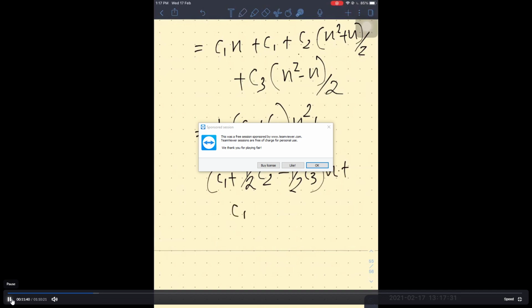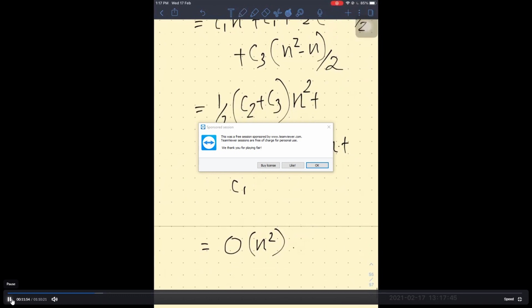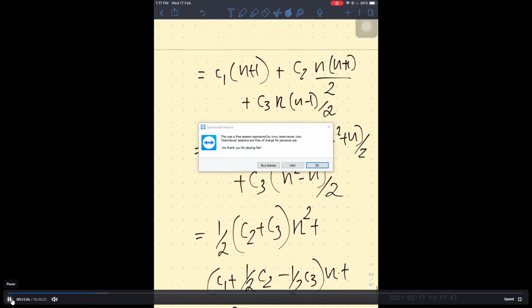We can see here this is the highest degree term in this equation, so the runtime will be big O of n squared. Is it clear how we are getting the runtime big O of n squared for the bubble sort algorithm?